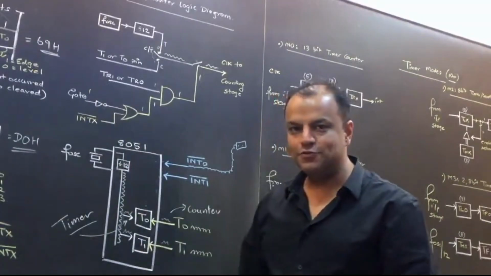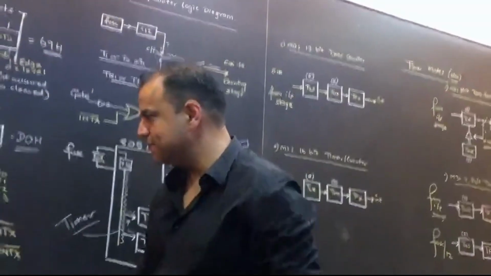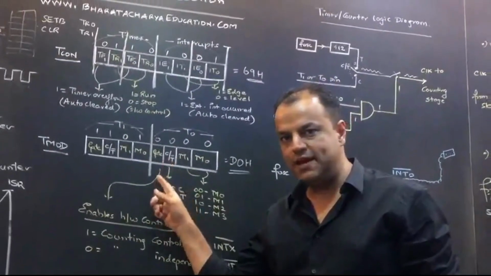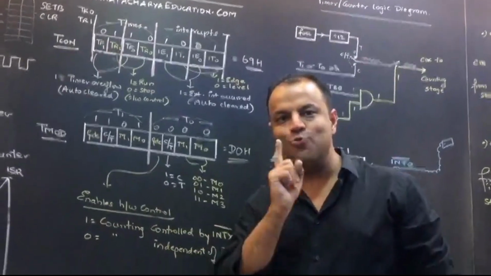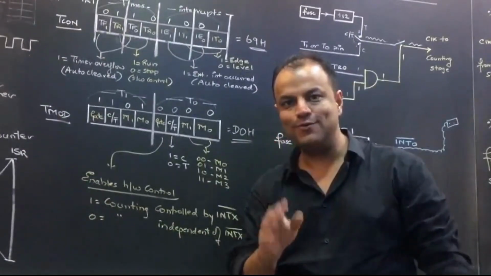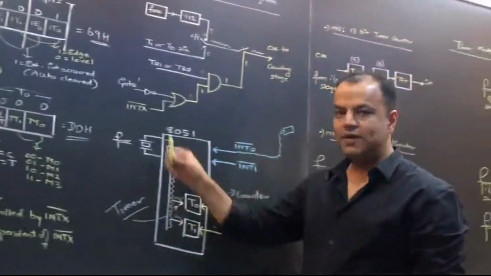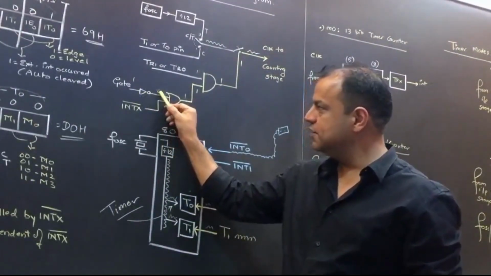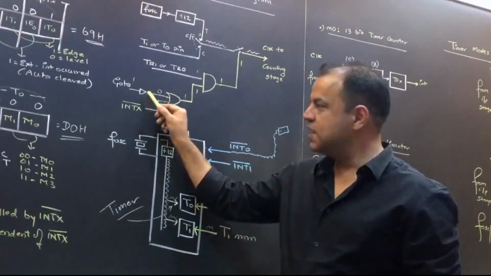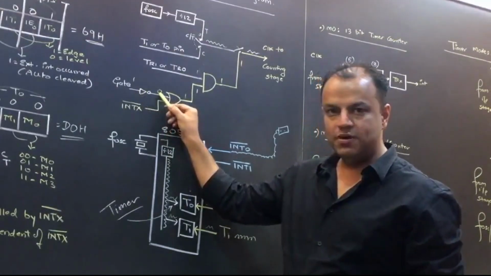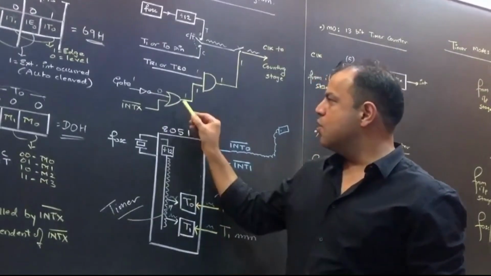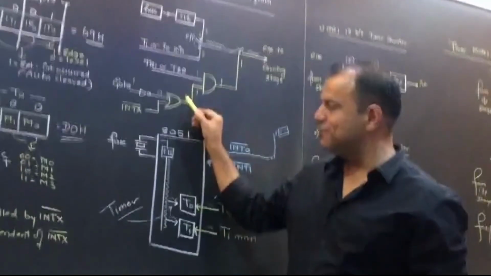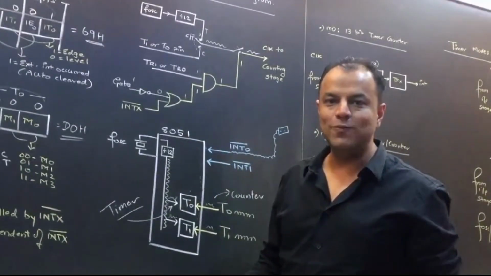If you kept gate as 1, look here. When you keep gate as 1, you are saying you want hardware control. Am I right or no? See the effect. Gate is followed by an inverter. If you keep gate 1, after the inverter, this line will become 0. For an OR gate to give a 1, something should be 1.